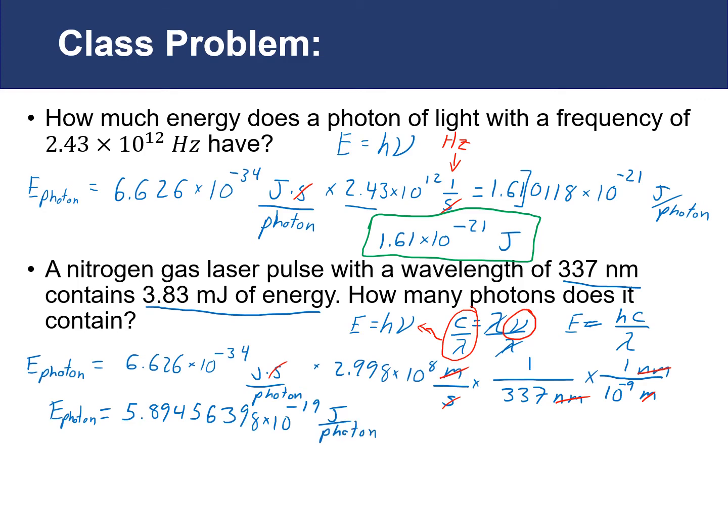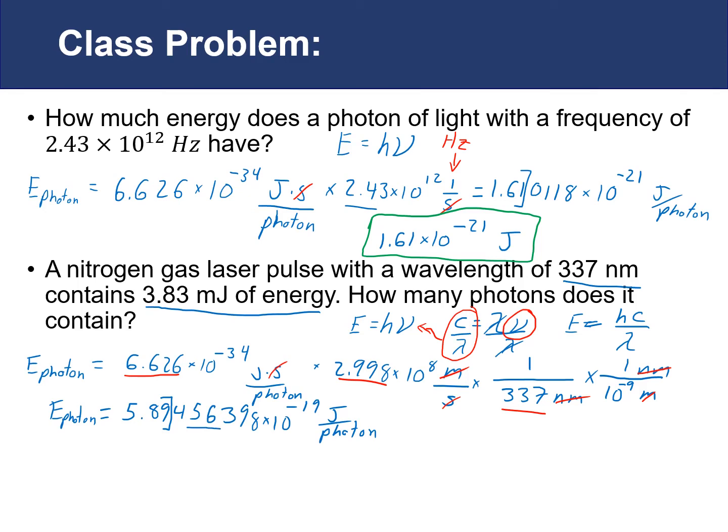Okay, in terms of significant figures, our value, Planck's constant, has 4, the speed of light has 4, and our wavelength has 3. So our end answer will have 3 significant figures. But because we're going to be using it in a future calculation, we're not going to cut and round just yet. We need to keep at least 2 to 3 additional digits to prevent a rounding error.